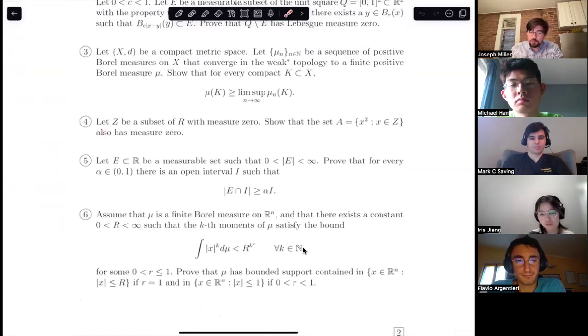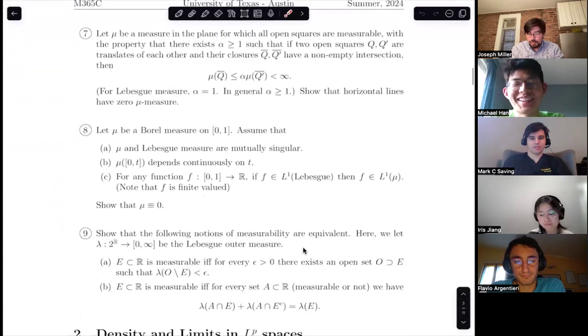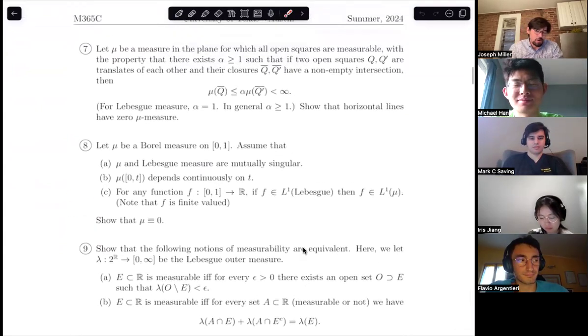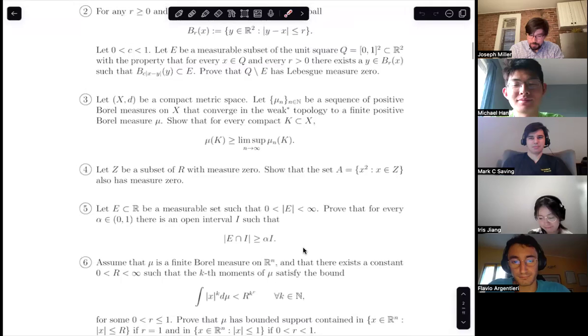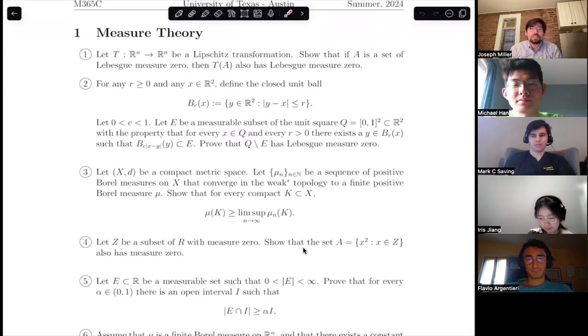Number 4 is one I might recommend. And if you want, you can show the Lebesgue measurability theorem. But yeah, pick a couple. Spend maybe 30 minutes max on each one of these. If you can't get it, send me an email or reach out to me, and then we can talk about it during the next lecture.